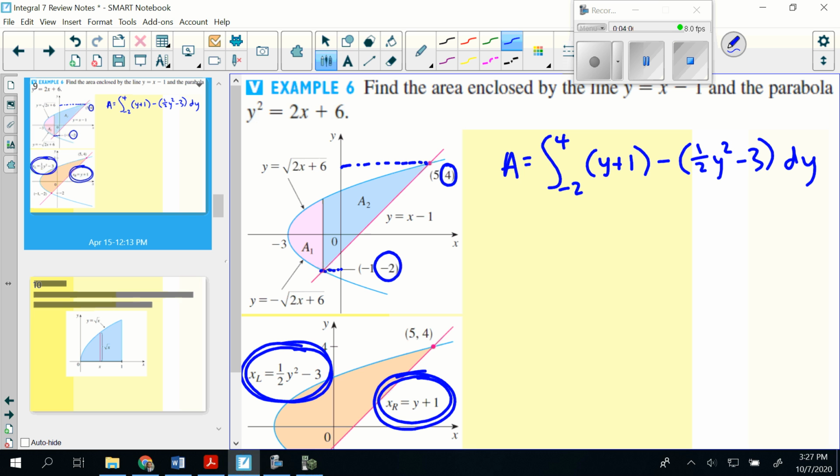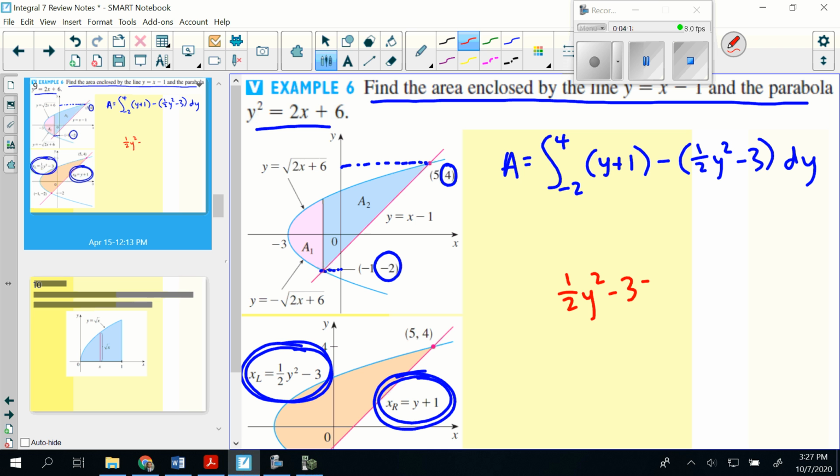Now, if they didn't have those there and all you were given was what was written up top here, then you're going to have to solve for those. You would solve the same way we've done on other problems, where you put those equal to each other. So set the two functions equal and solve. If we set these both equal, you have to get everything to the same side. So I'm going to subtract the y over, and subtract the 1 over.